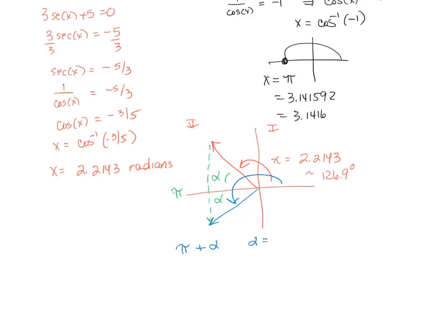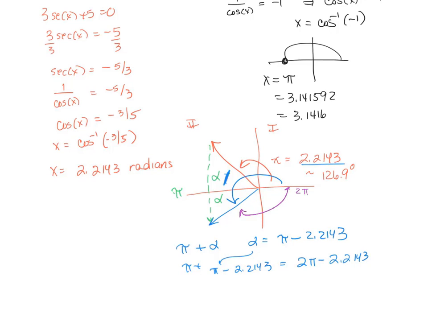Alpha is going to be pi minus 2.2143. So my second angle is going to be pi plus alpha, which is pi plus pi minus 2.2143, or you're going to get 2 pi minus the original 2.2143, which is basically going backwards.